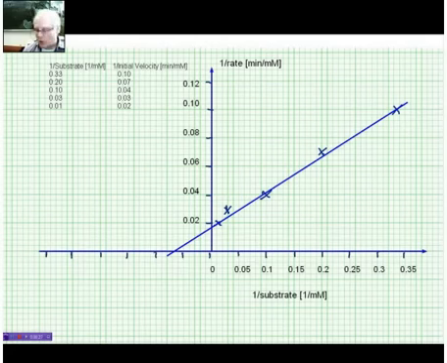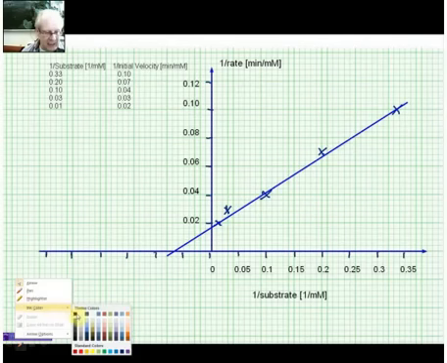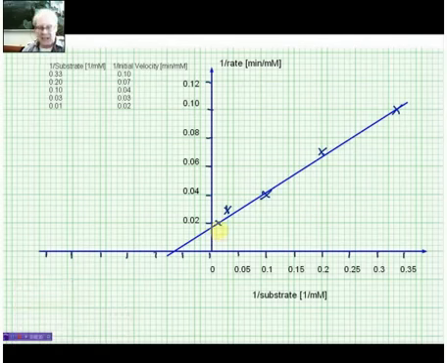Now from a Lineweaver Burk plot we know what the data actually represent and how we can find these data. So first of all, we know that the intercept here between the y-axis and our line gives us 1 over Vmax. And in this case it's not terribly easy to read this.